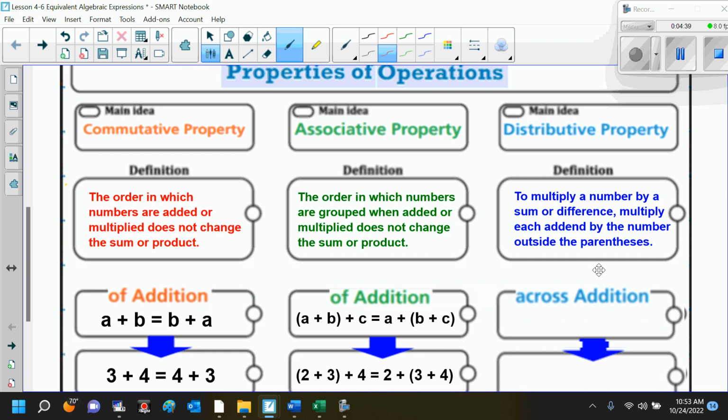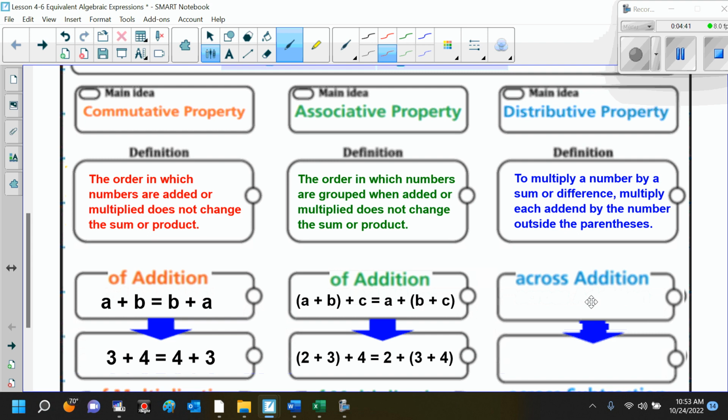Let's take a look at the addition. The distributive property says if you take a number A and multiply it times a sum, this quantity here, you're going to take the A, the number on the outside, and multiply it times everything on the inside.